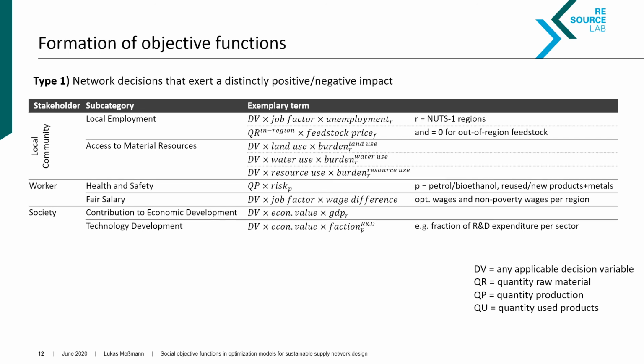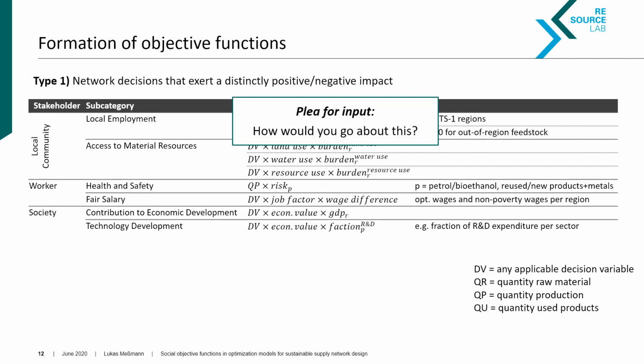We could have one objective function for the health and safety of workers, which could depend on the decision variable of the quantity of production times the risk depending on the product, and so on. And I don't want to go into too much detail here because we are still in the progress of composing these objective functions, but I'm really thankful for some input.